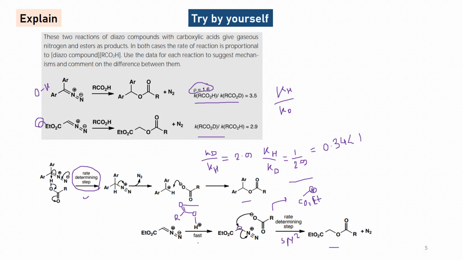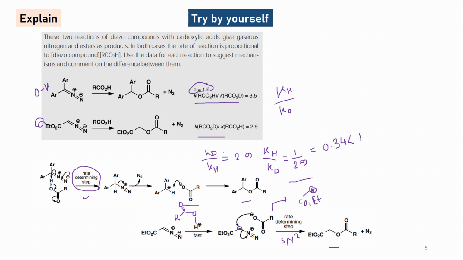So now in this case, the first step is the fast step, not the rate determining step. In the other case, the very first stage is the rate determining step. So you have understood the mechanism.